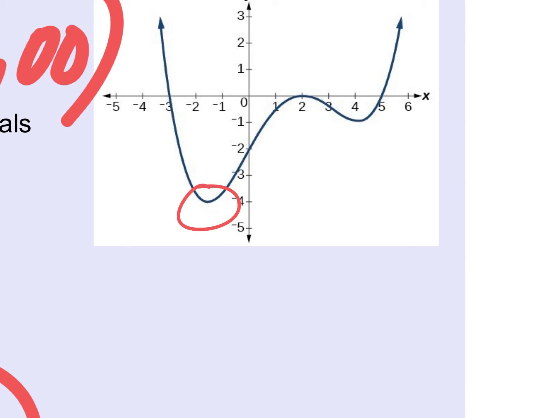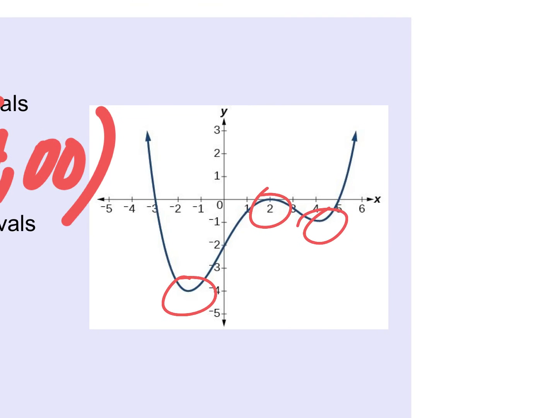Okay, how about this spot? Local maximum. Is it the absolute max? No. And that spot? Local min. Not anything else, just the local min. Okay, and is there any absolute max? No, because it goes up forever, so there's no max.